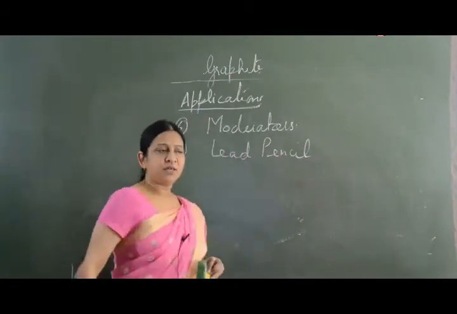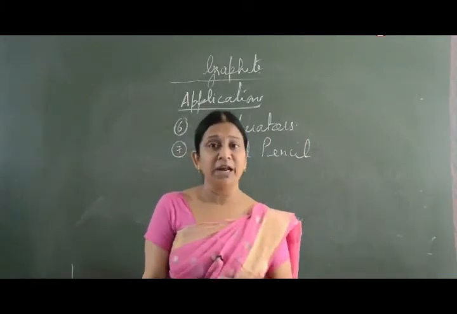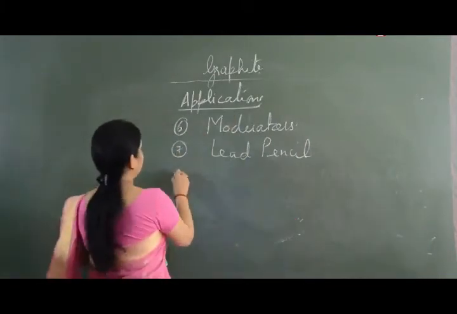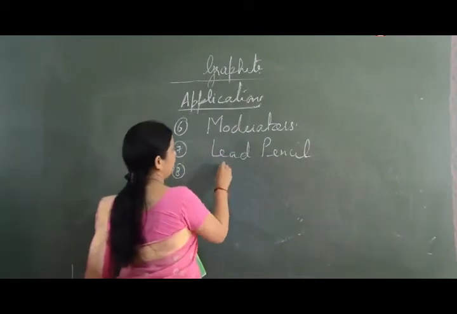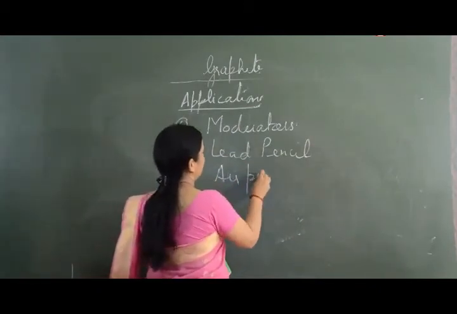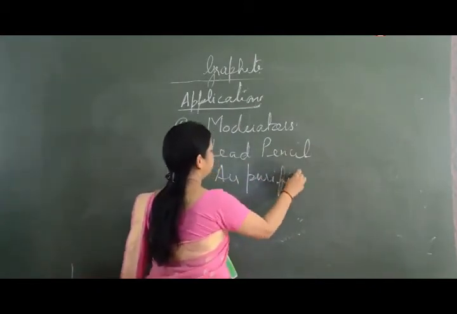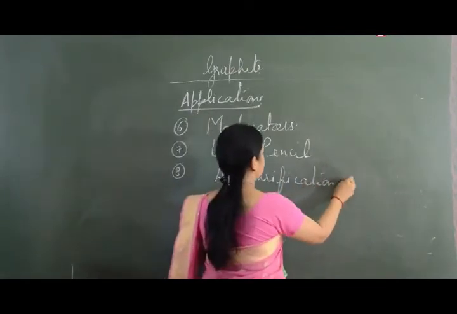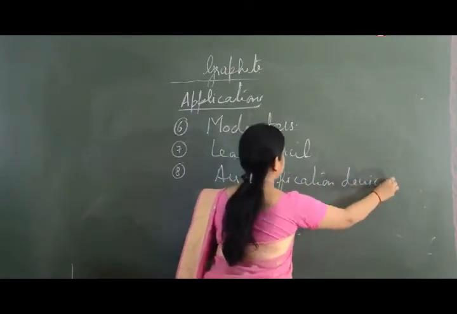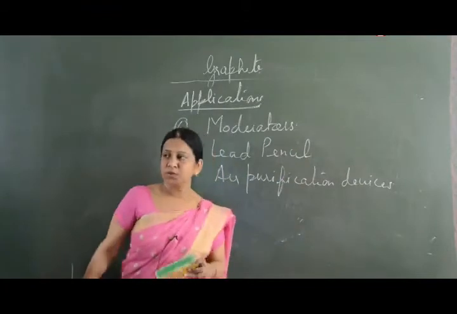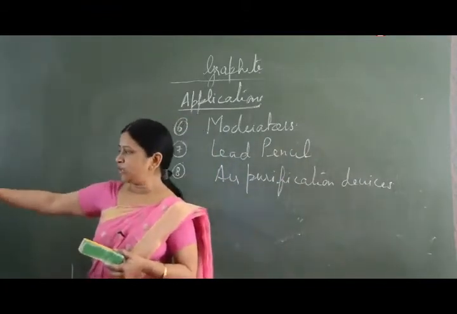Graphite is used for writing in lead pencils. Then it is used in air purification devices.